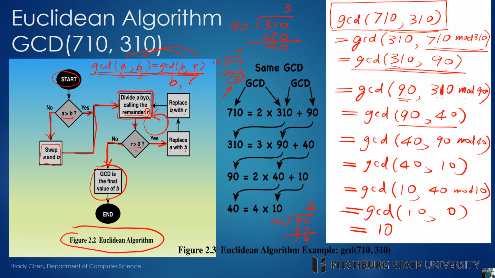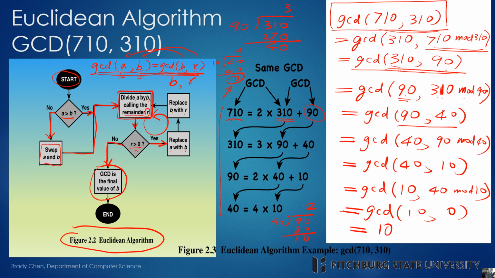Now over here, we just write the same Euclidean algorithm using the math formula. The first equation means that to find the greatest common divisor between 710 and 310, we divide 710 by 310 and get a quotient of 2 and remainder 90.